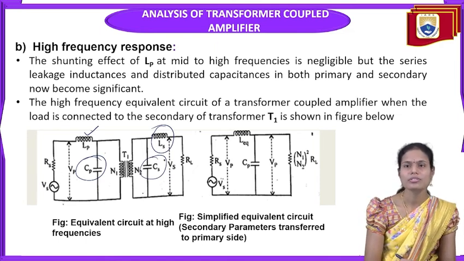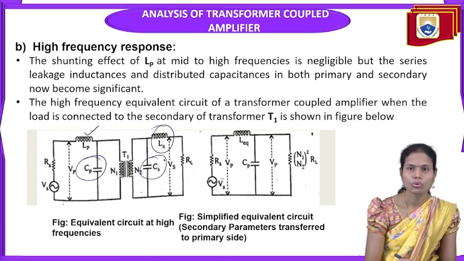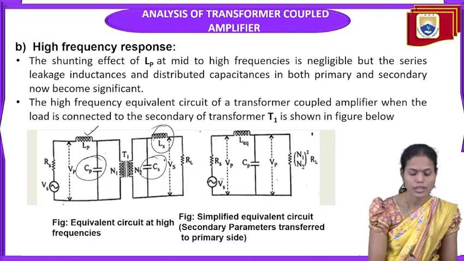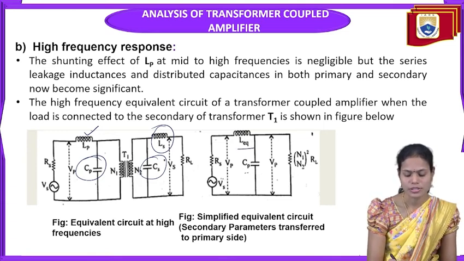The high frequency equivalent circuit of the transformer coupled amplifier, when the load is connected to the secondary of transformer T1, is shown in the figure below. Here I am replacing the total inductances LP and LS with L equivalent, and these two capacitors with CP here.